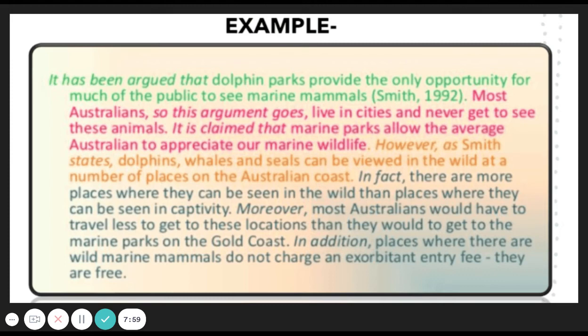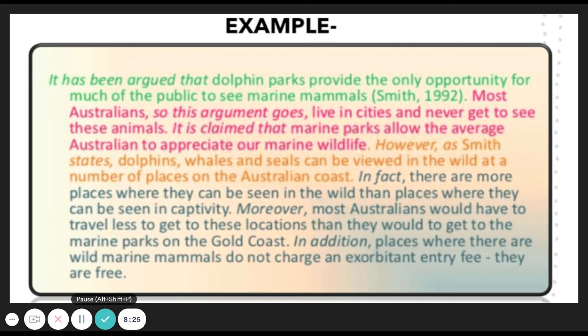It is claimed that marine parks allow the average Australian to appreciate our marine wildlife. However, as Smith states, dolphins, whales, and seals can be viewed in the wild at a number of places on the Australian coast. In fact, there are more places where they can be seen in the wild than places where they can be seen in captivity.